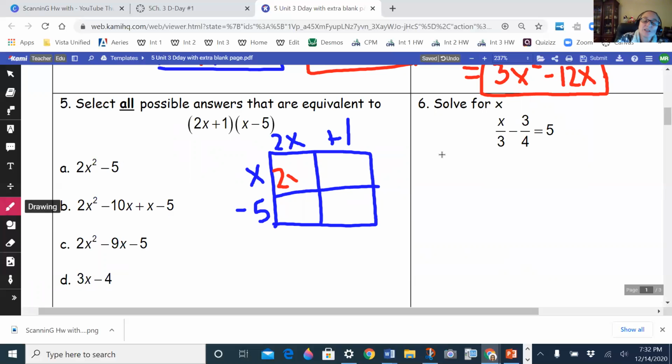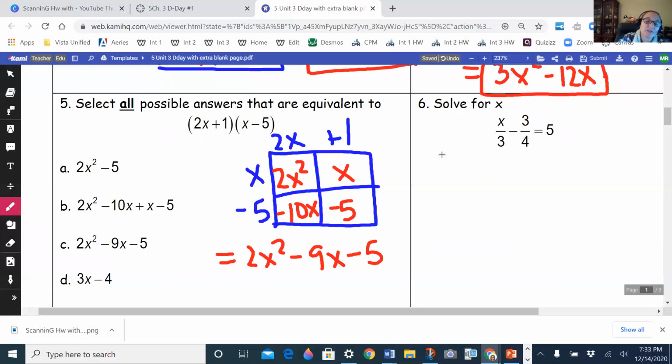So this is going to be 2x squared, an x, a negative 10x, and a negative 5. The x is multiplying with the 2x and the 1, and for the bottom row, the negative 5 is multiplying with the 2x and the 1. So this is 2x squared minus 9x minus 5. That would be the final cleaned up answer, which is letter C.